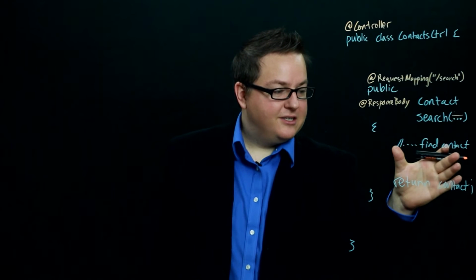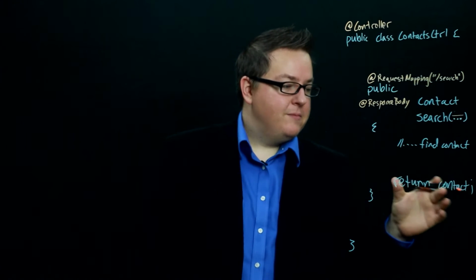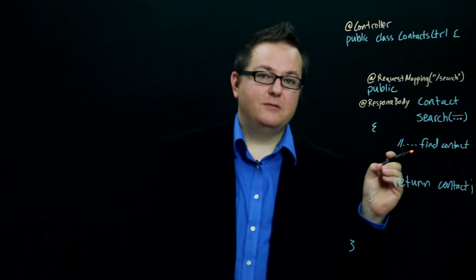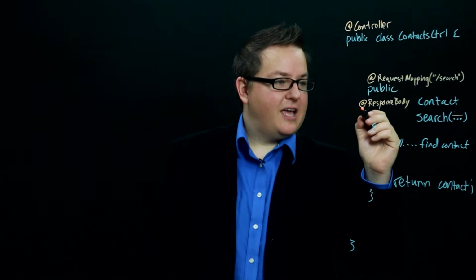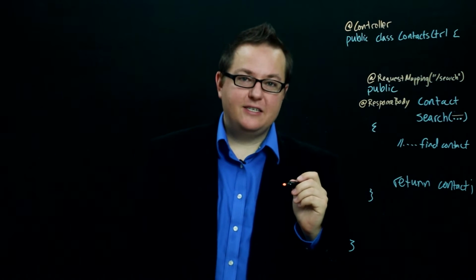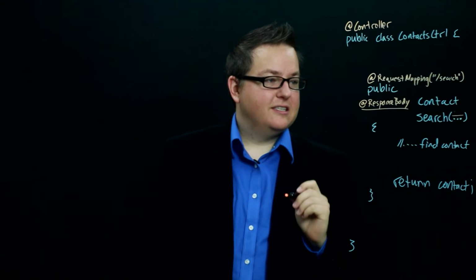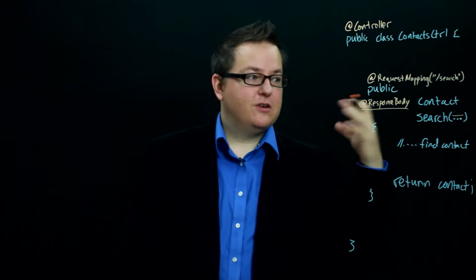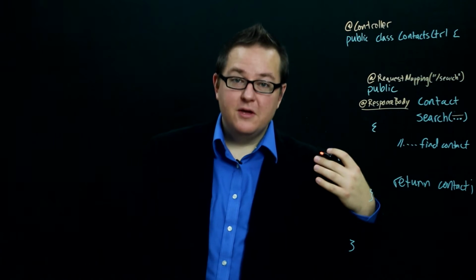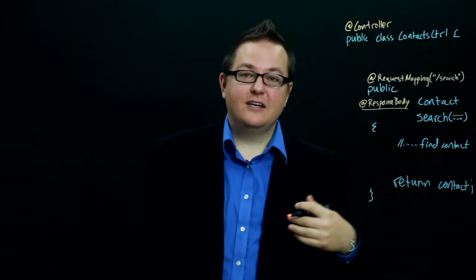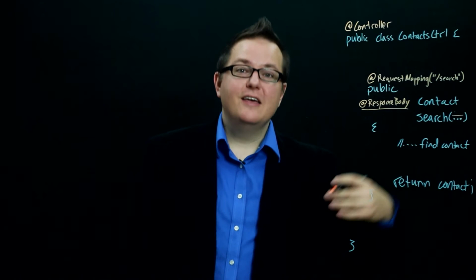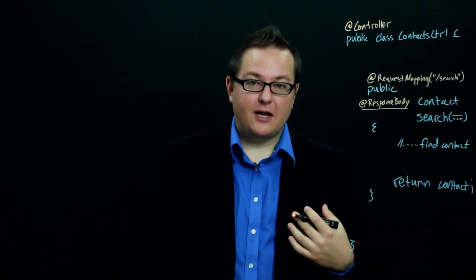Our method logic is going to get executed, and then our method is going to return a contact object, which Spring will then convert, because we've added the @ResponseBody annotation. It will then see this and know I need to convert this object into the body of the HTTP response that I'm sending back, and it will convert that contact object into JSON and place it into the response body.